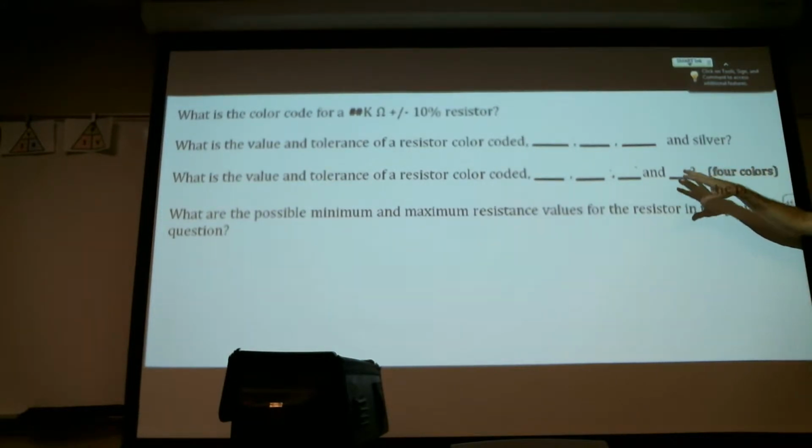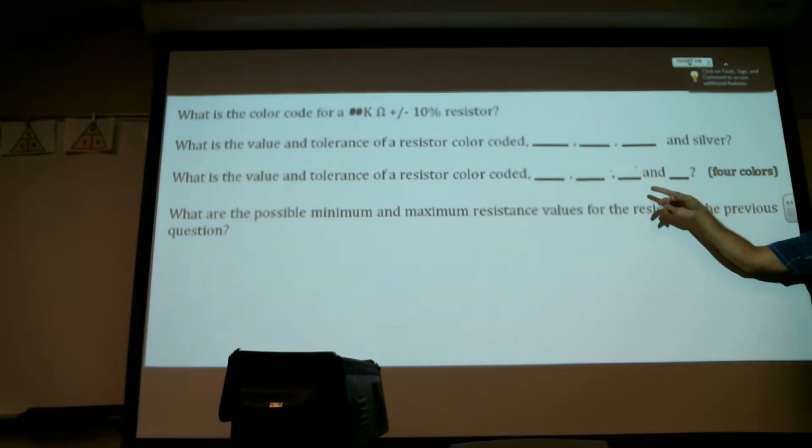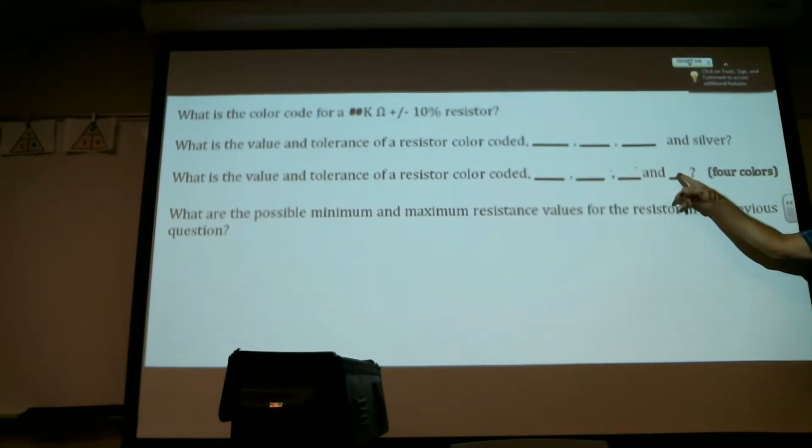This test will not ask you those: there are some colors that don't match, where it's just not the standard 0, 1, 2, 3, 4, 5 for tolerance. But all the ones we give you here will be the color. So if this is red, it's 2%. There's a couple, like green being 0.75, that are odd and don't match the color. So these are just straight colors.